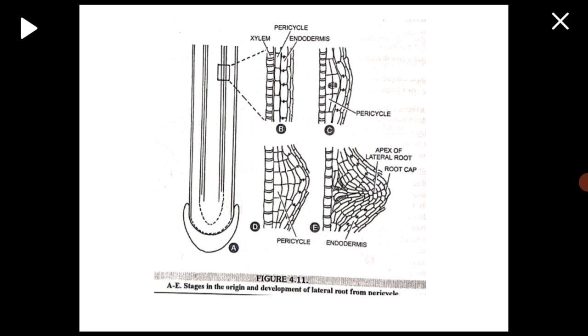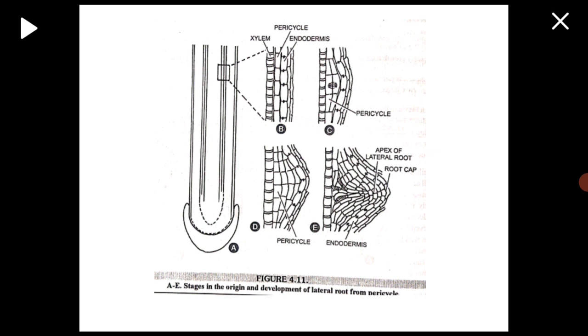The vascular tissues of lateral root finally get connected with the vascular tissues of main root. The cells of epidermis outside the root primordium are either crushed and pushed aside or divide by successive anticlinal divisions.